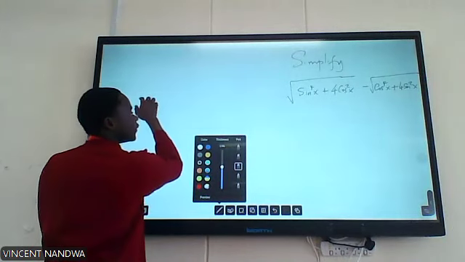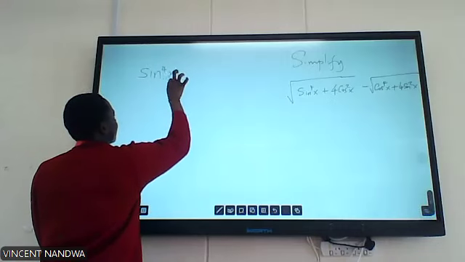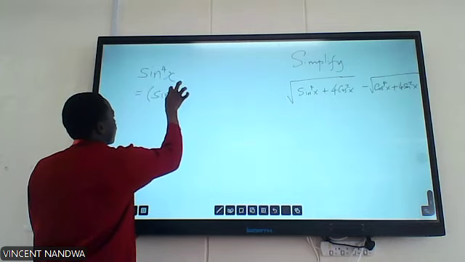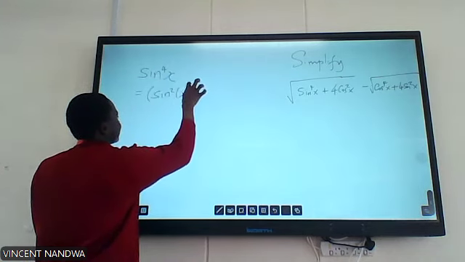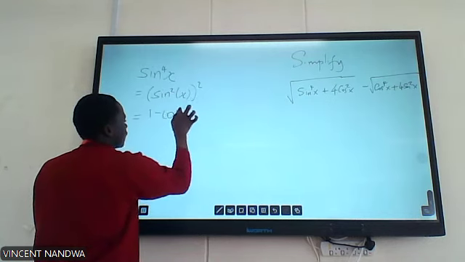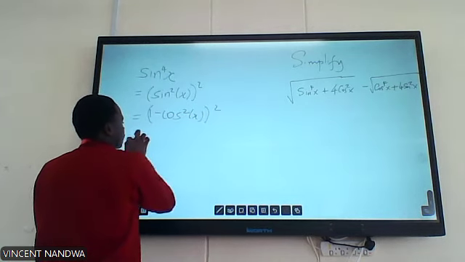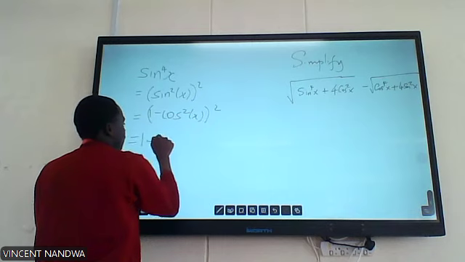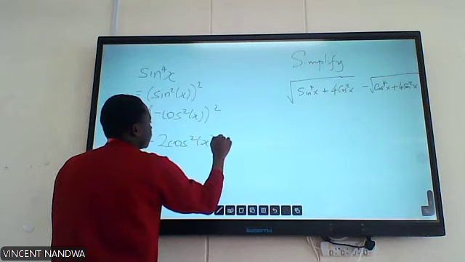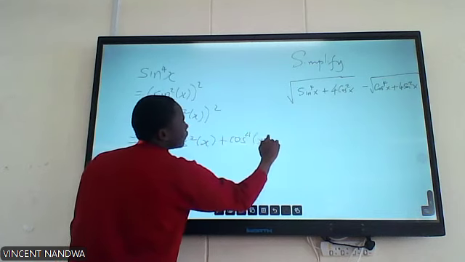So you can say sine power 4 x is sine squared x squared, which I can say is 1 minus cosine squared x squared, which is 1 minus 2 cosine squared x plus cosine power 4 x.